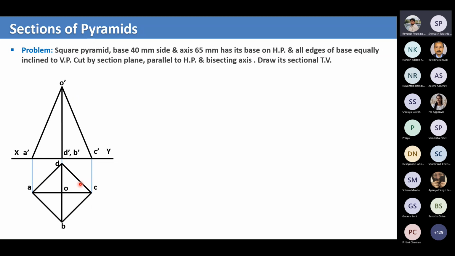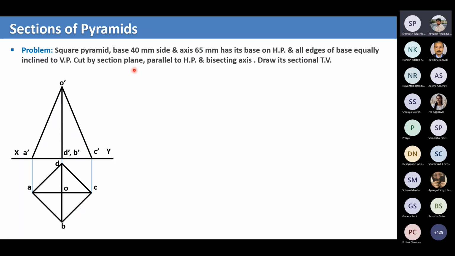It says that the base is resting on the horizontal plane, and all the edges of the base are equally inclined to VP. That means these are the edges. Equally inclined, what does that mean? They make 45 degrees. This is a square, so if one makes 45 degrees, everything makes 45 degrees. That is how you should figure it out.